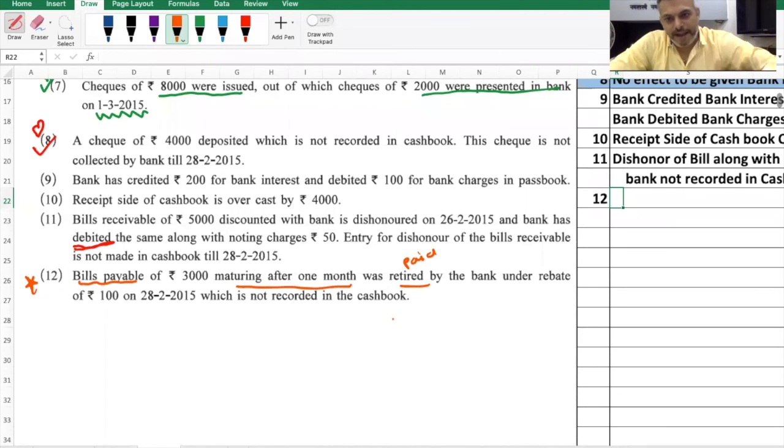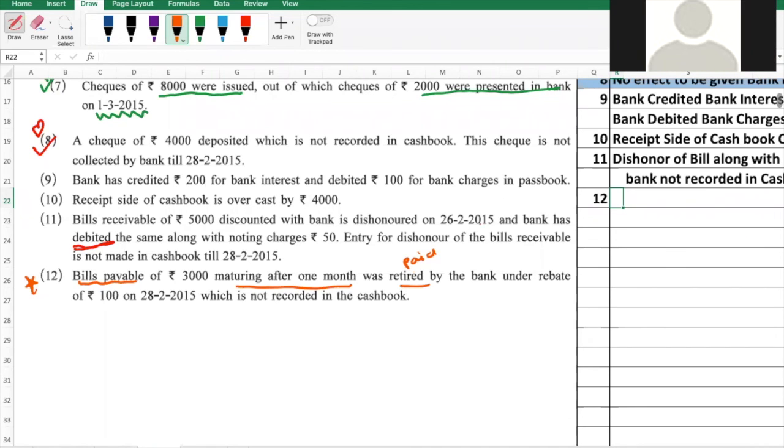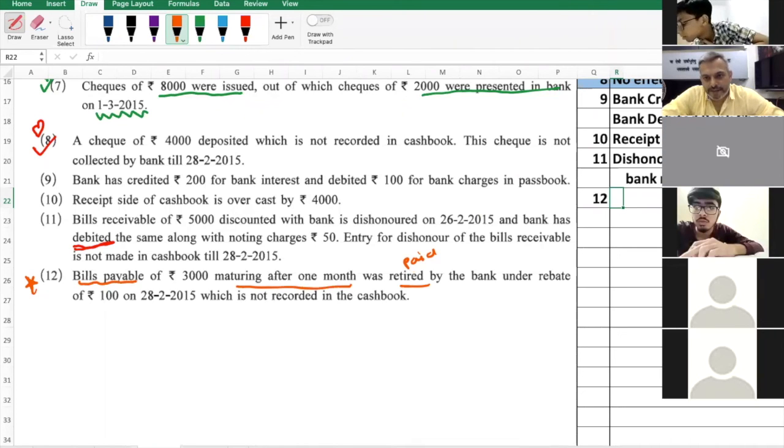If we pay in advance, we get discount or we get rebate. So how much amount will go from our bank account? 3,000 or 3,000 minus 100 we will pay. 2,900. सबको पता चला ये?